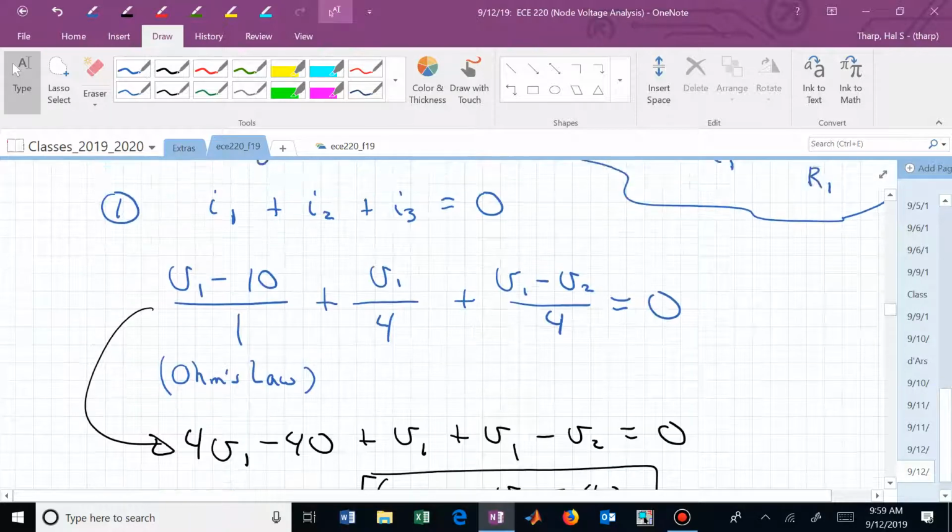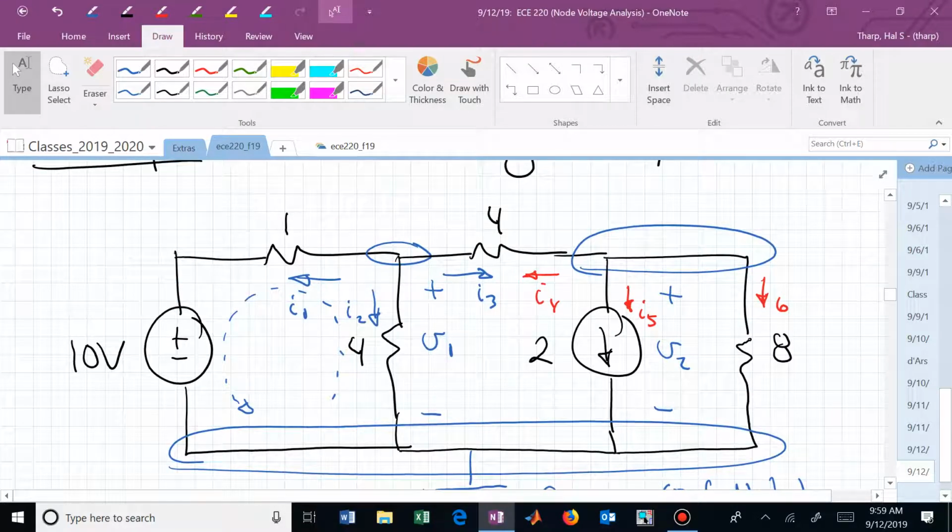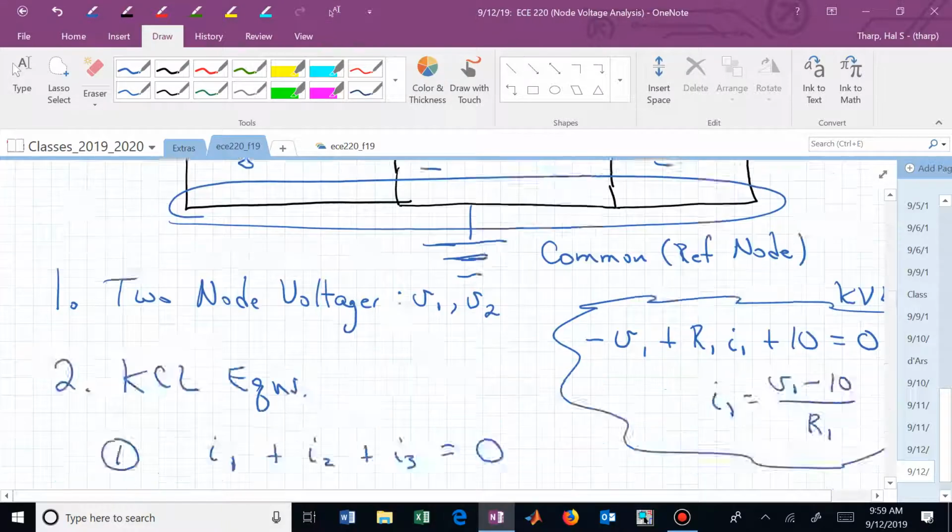What's I sub 5? It's given to us, isn't it? As a source, it's 2. We just write it down. Doesn't involve V sub 2, it's just 2. I sub 5 is 2.